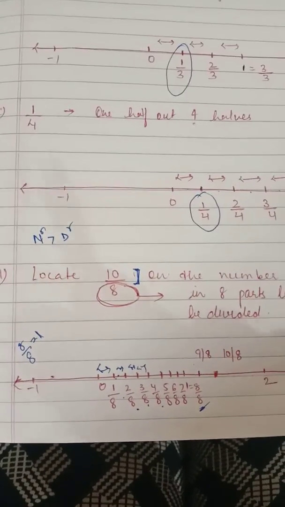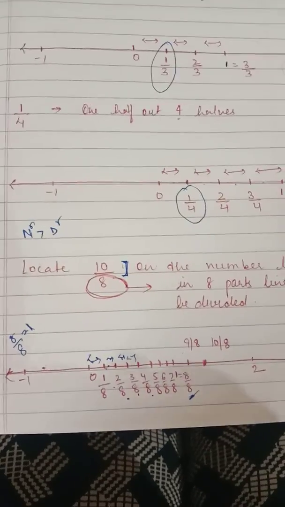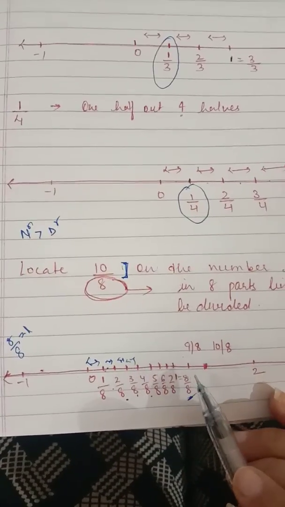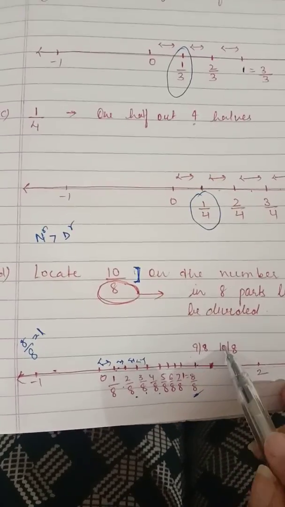So when I divide my line into 8 parts between 1 and 2, what I am getting here? I am getting 9 by 8 first, 10 by 8, then what you will get?